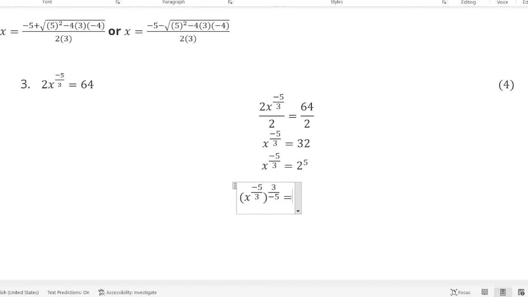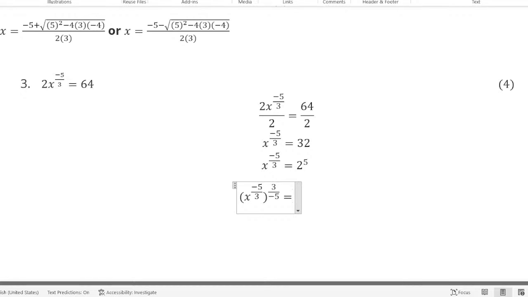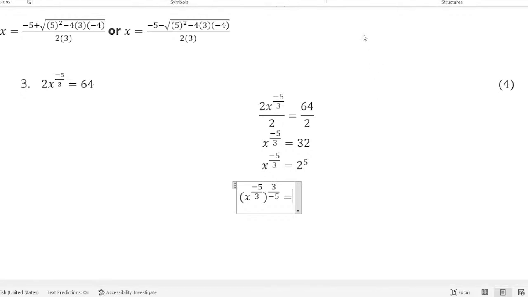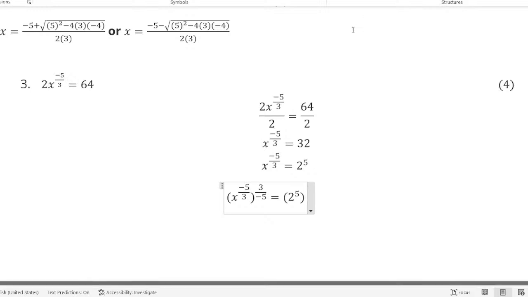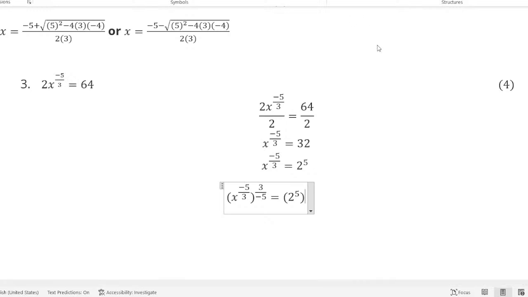Is equals to 2 to the power 5. Here remember we multiplied by the reciprocal of that exponent, so we're going to multiply here by 3 over negative 5.